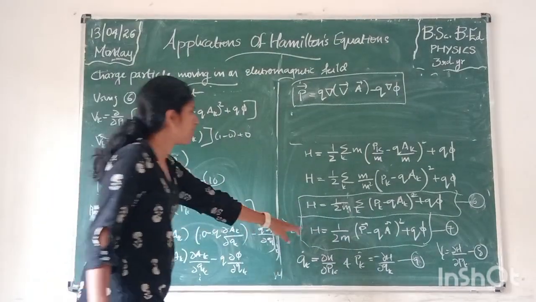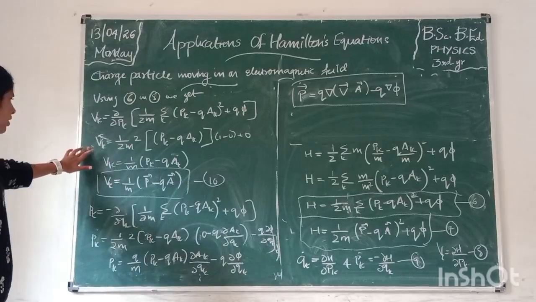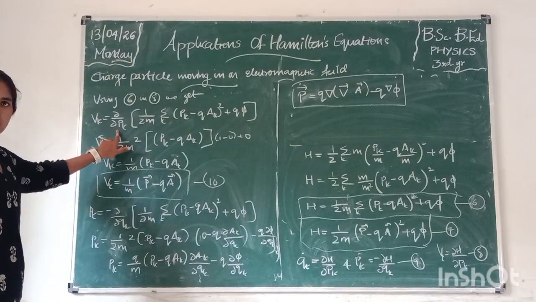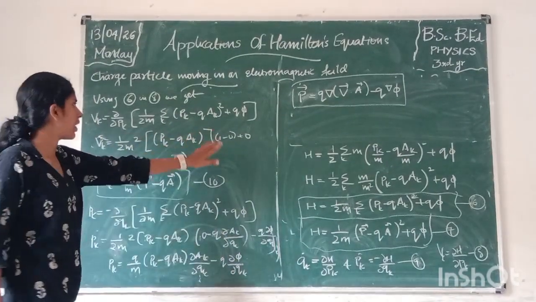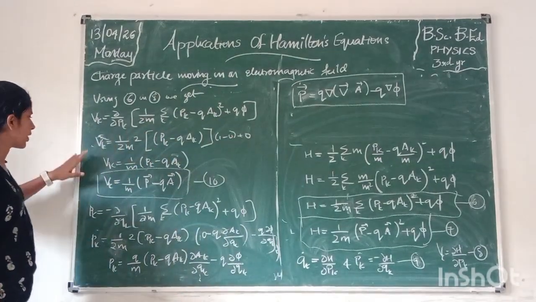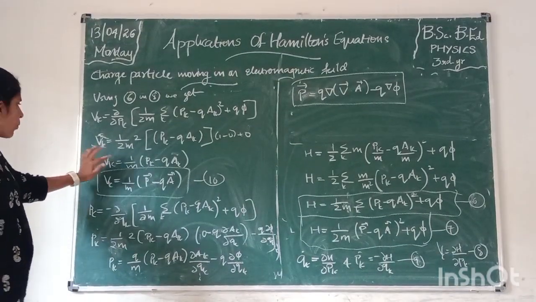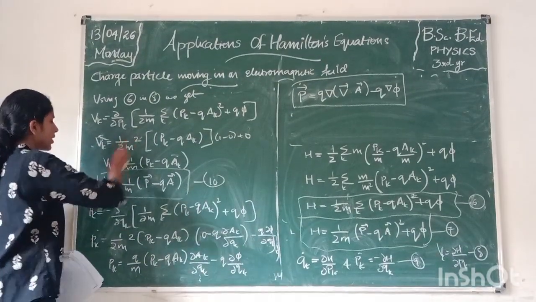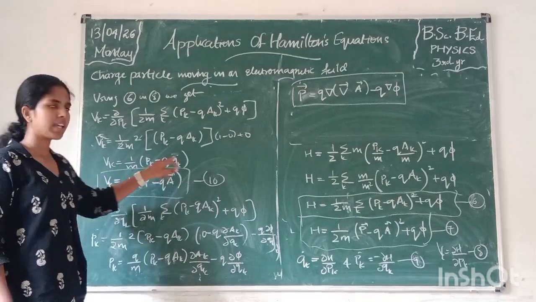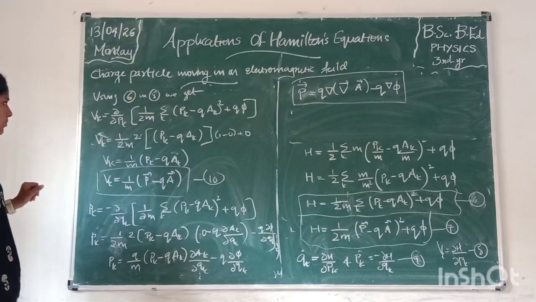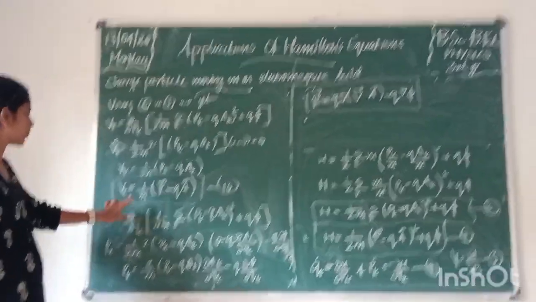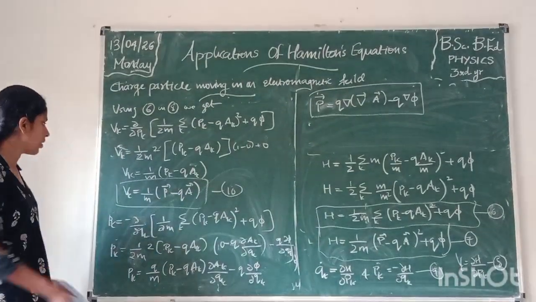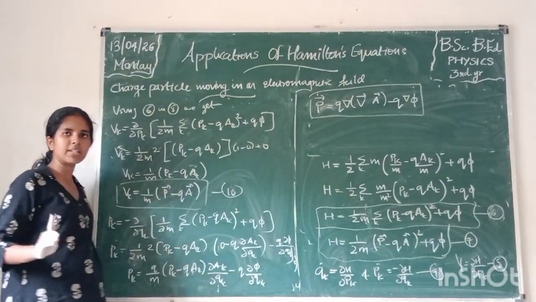This is H that we substituted, and from here if we are taking the derivative with respect to pk, this will be 2 into this term and that will be 2. And then vk is equal to 1 by m into, this one will cancel, 1 by m into pk minus q ak. Okay. So we will get vk like this, 1 by m into p minus qA. So this is the one Hamilton equation.